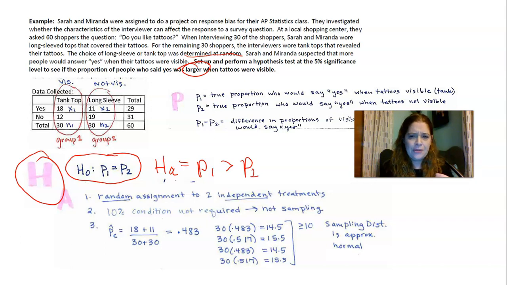Remember, this is on your formula sheet, and it says that if p1 equals p2, use this instead. It's your responsibility to look at that formula sheet and recognize this is a p1 equals p2 situation. This is a hypothesis test, which means this is the number I'm going to use for all of my checks and all of my formulas, where I normally would just substitute in p-hat 1 or p-hat 2.